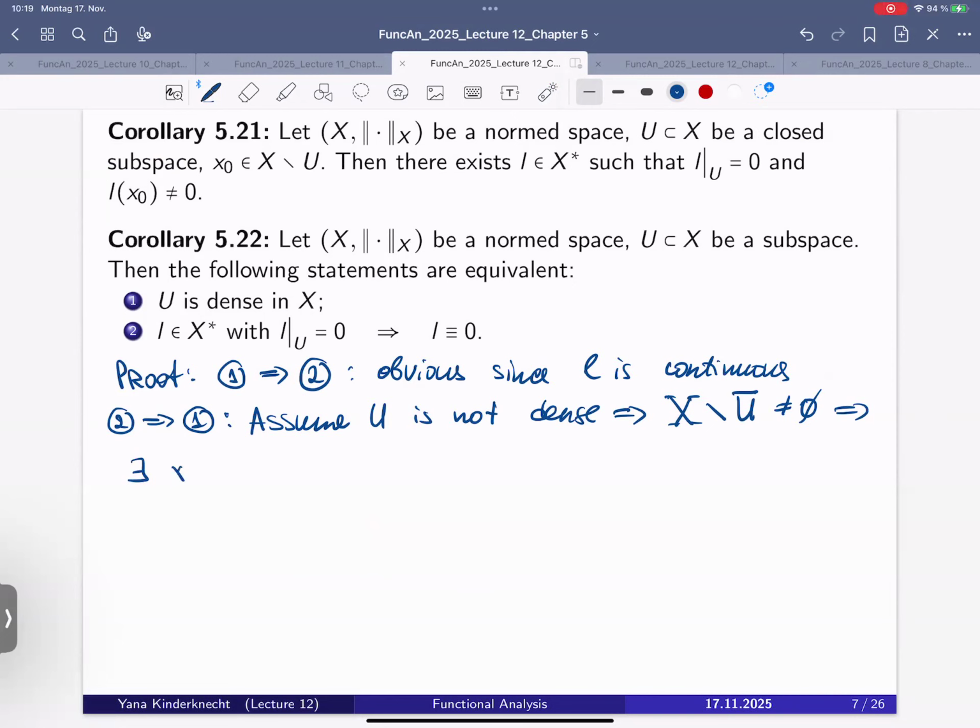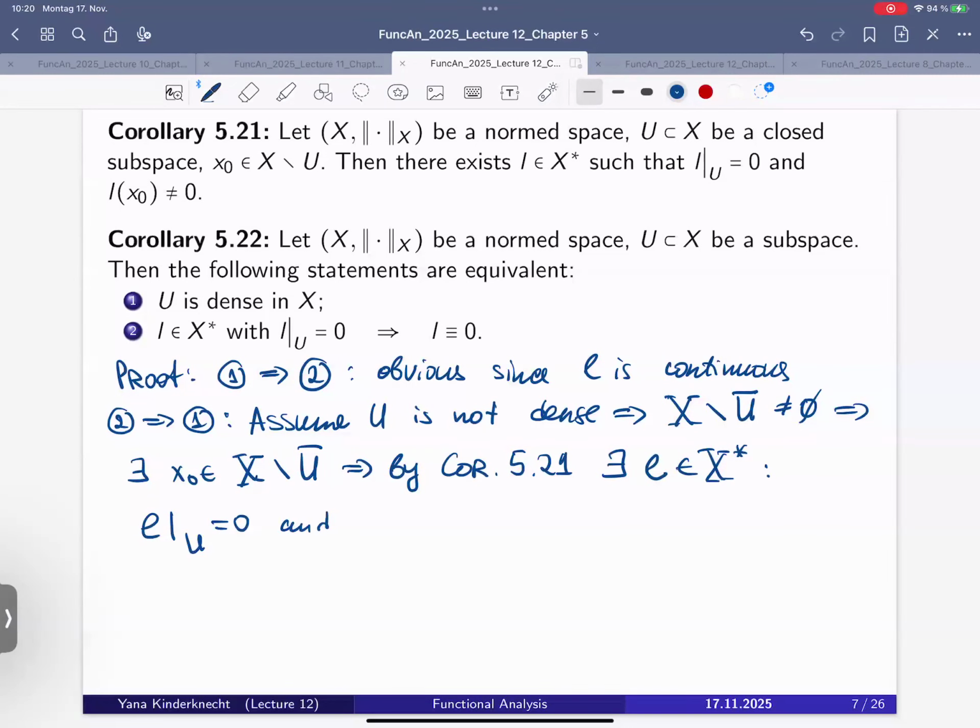Hence there exists x0, which belongs to this X without the closure of U. And hence by corollary 5.2.1, just the above corollary, there exists a continuous linear functional L such that L restricted to U is 0, and L at the point x0 is not 0.